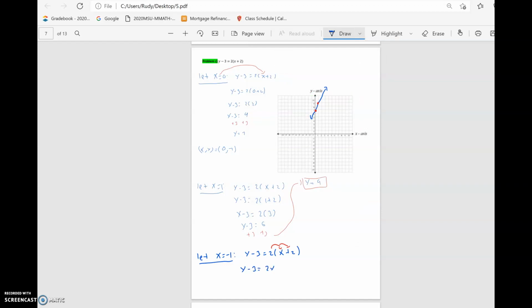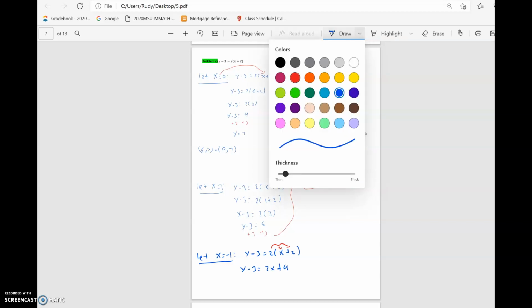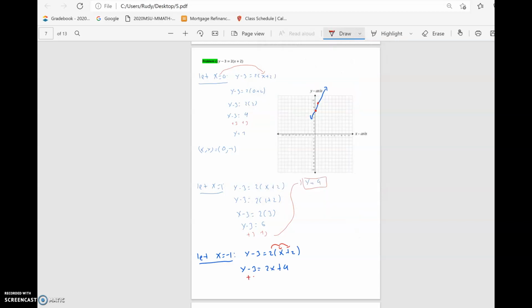And this is equal to 2x plus 4. And then we're going to be adding the 3. And this may just be easier for the evaluation. So in this case, y is equal to 2x plus 7.